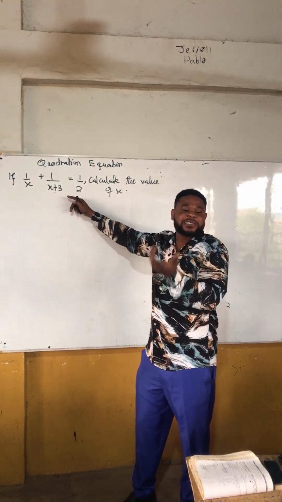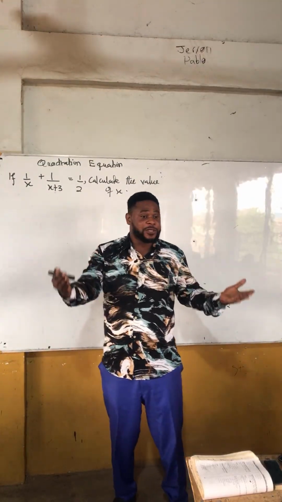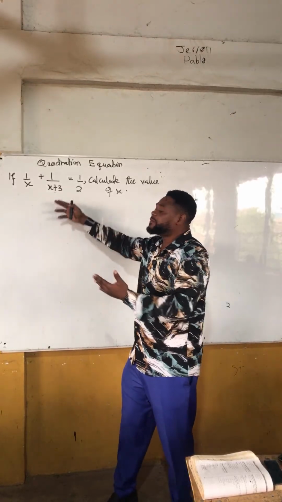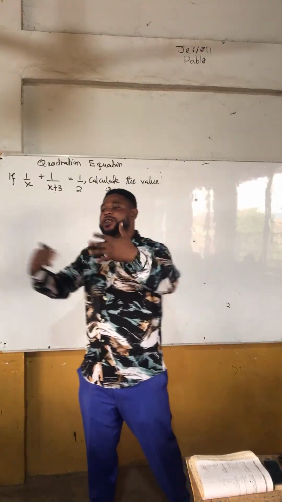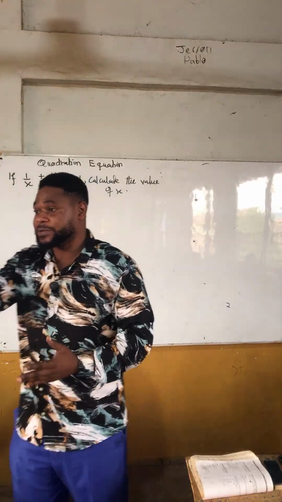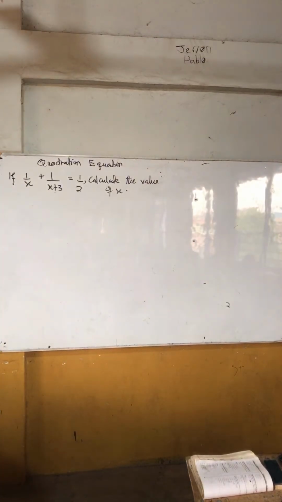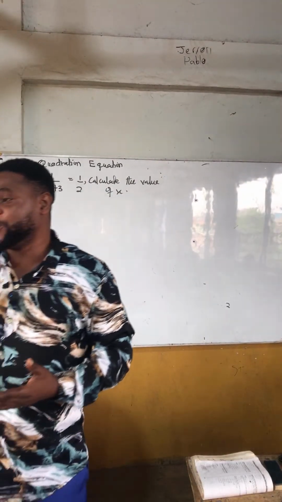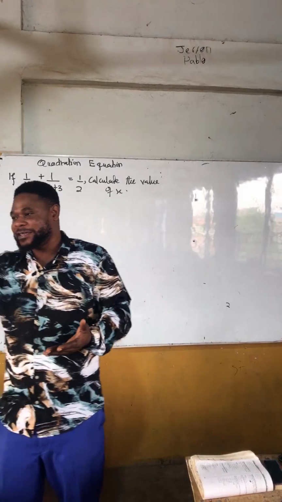But in mathematics, anytime an equation is given to you, and the equation involves fractions, you should be able to know the first thing to do. What would be our first thing to do? Anytime you have an equation and it involves fractions, your first thing to do is to do what? You simplify. How do we simplify it?